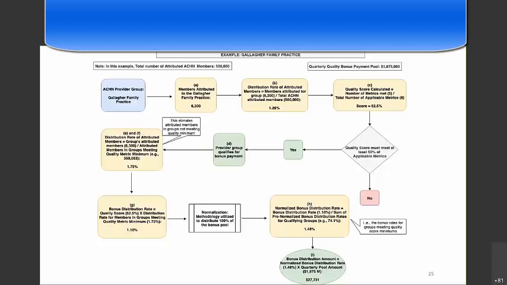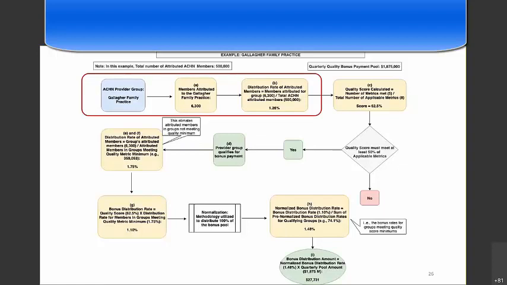So for our first process step, member attribution, we use Gallagher Family Practice as our example with an attributed number of members of 6,300. That is step A. Moving to your right at the top of the chart, we move to step B, where we calculate the distribution rate of attributed members.